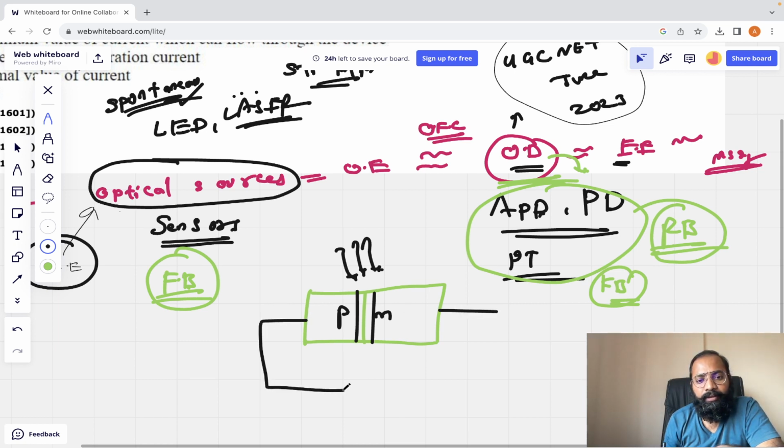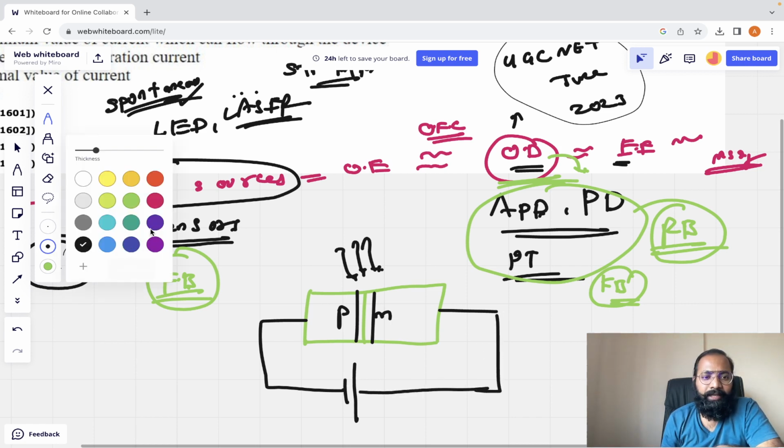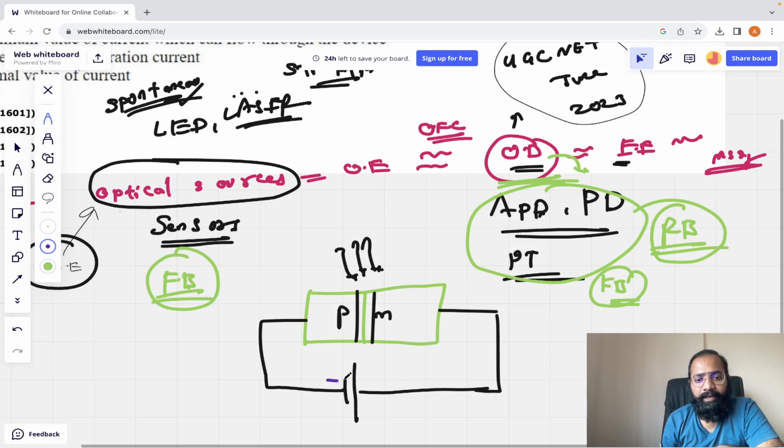now as I told you, for photodiodes we do the reverse biasing. Reverse biasing means connecting the P type to negative and the N type to positive. So if no light is exposed on the junction, what is the current flowing through this diode?